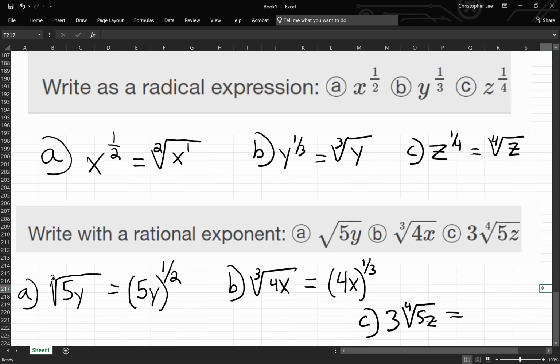Go ahead. Not quite. No, not quite. What is it? Good. That's it. To the 1/4 power. 3 is just a coefficient, like a number in front. So that doesn't really do anything.